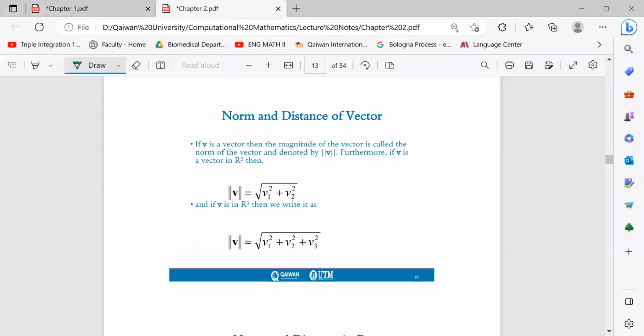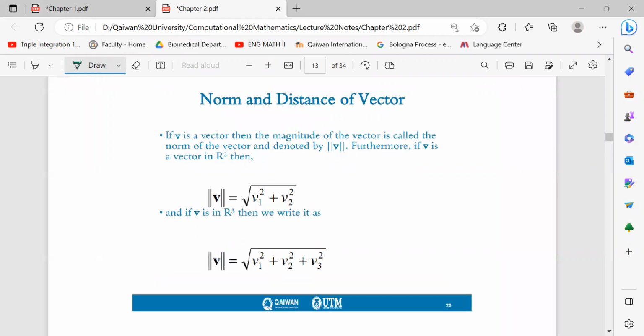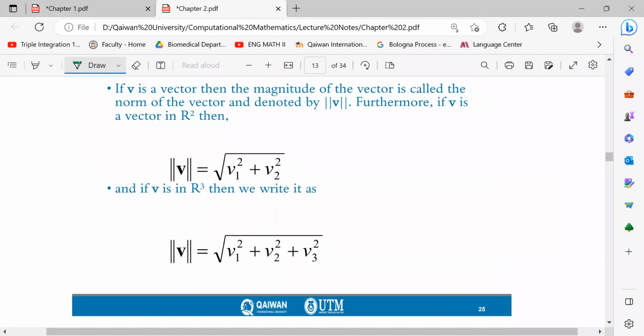We now have norm and distance of a vector. For finding the norm, length, or magnitude, these all are the same.